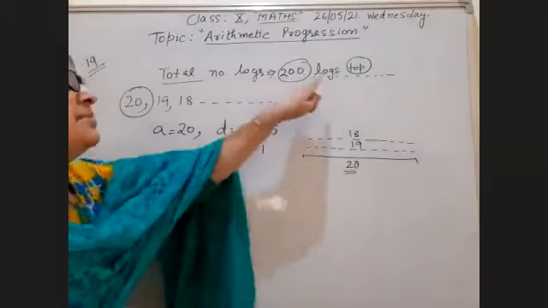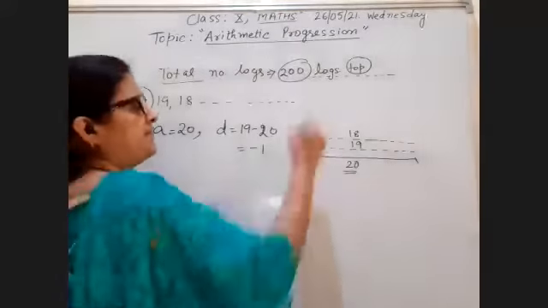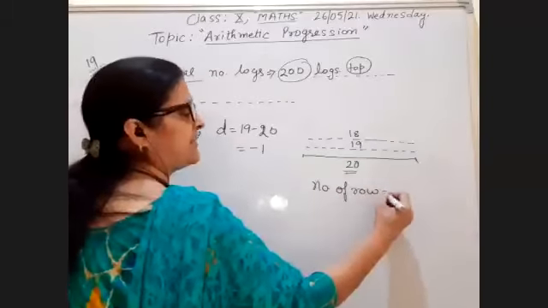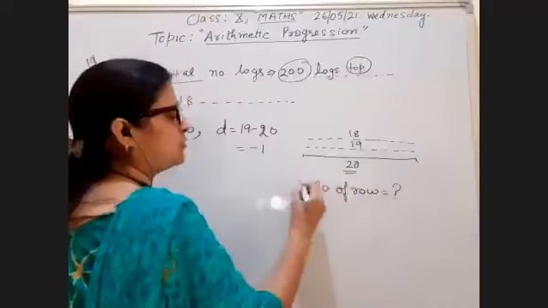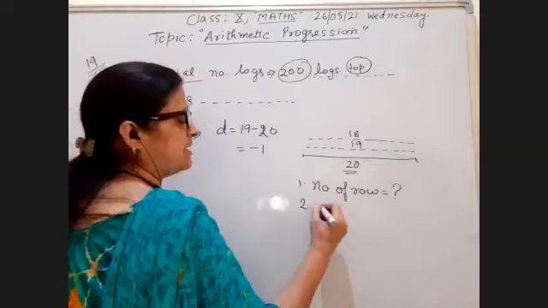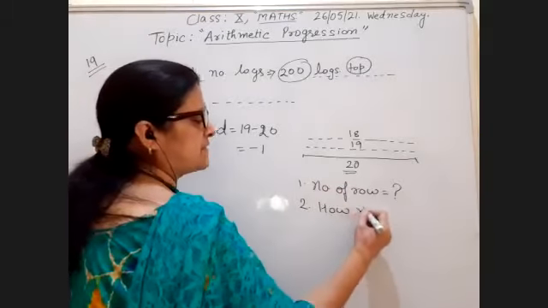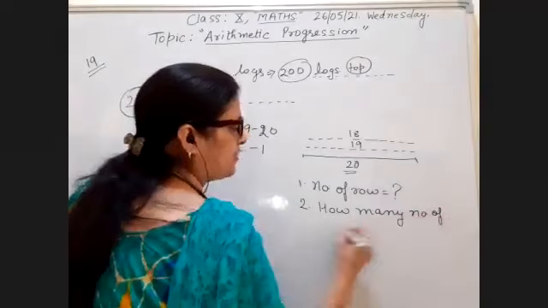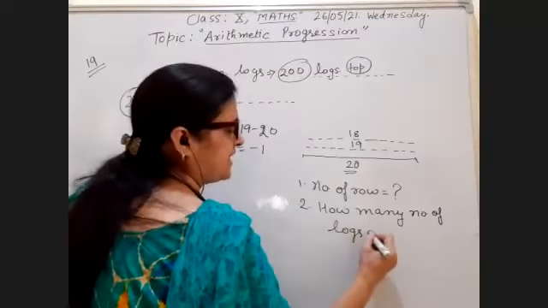And in this question you have to find two things. One is the number of rows, and number two, how many logs are at the top row.